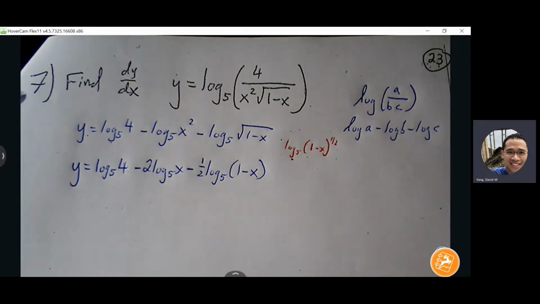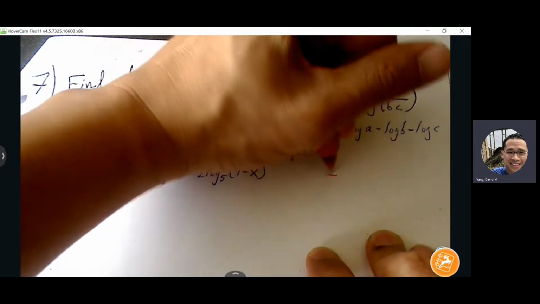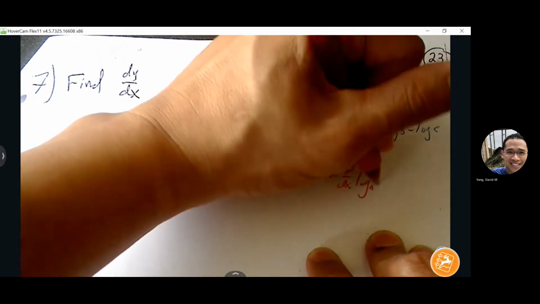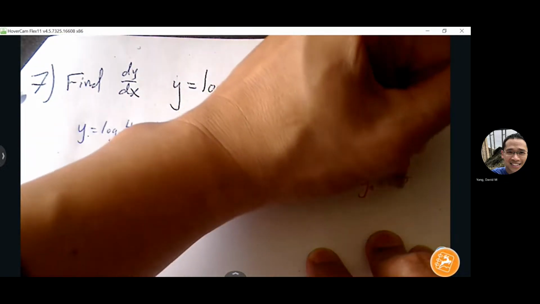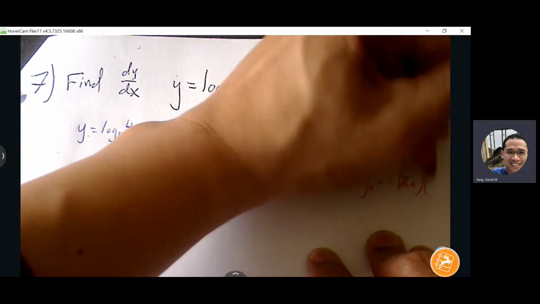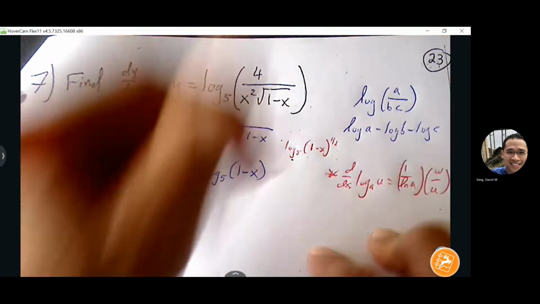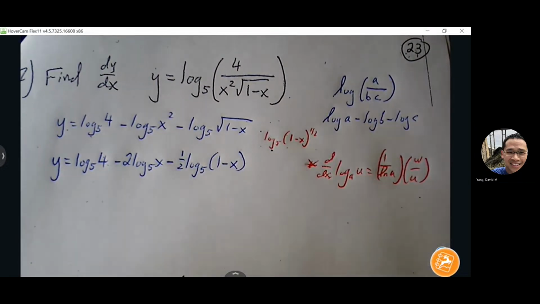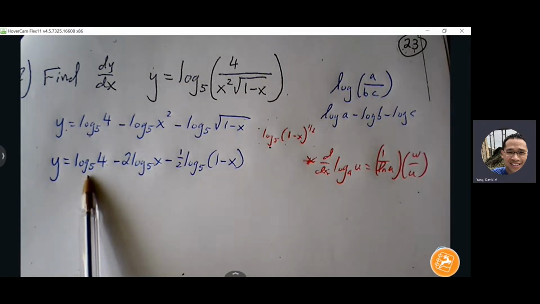Okay, we have a derivative rule for log base a of u, with a little bit of conversion, and then u prime over u. What's going to happen with this first term if we find the derivative?